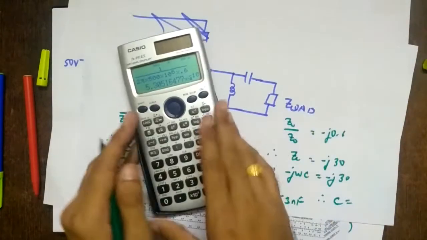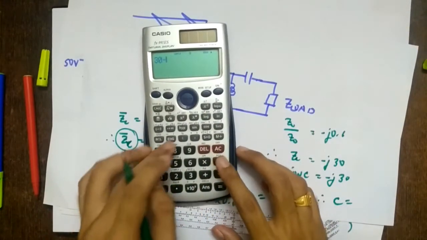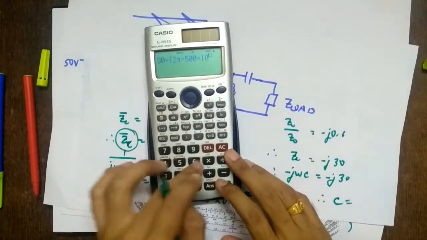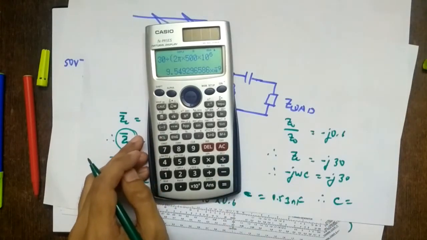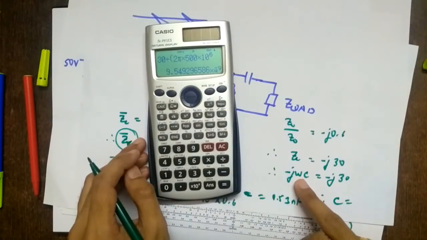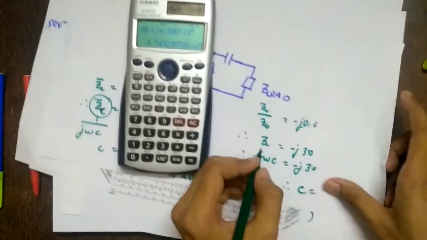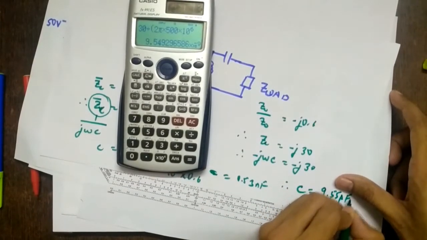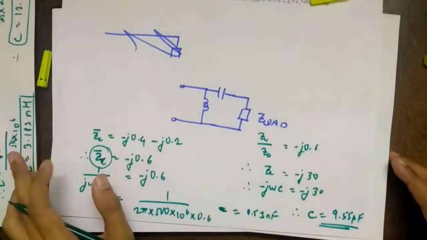Therefore C equals 30 divided by 2 pi into 500 into 10 raised to 6, so 9.55 picofarads. So this is the value of C.